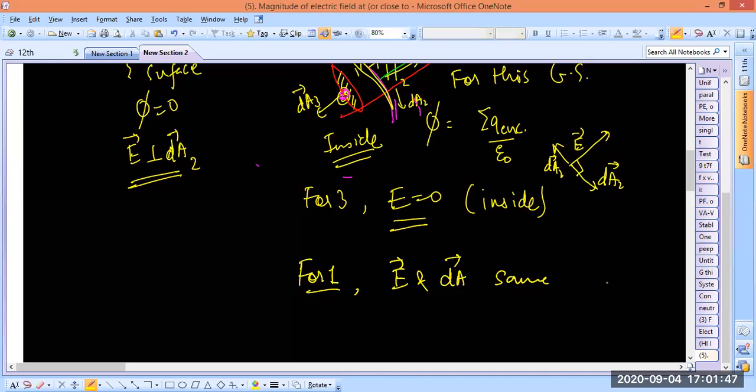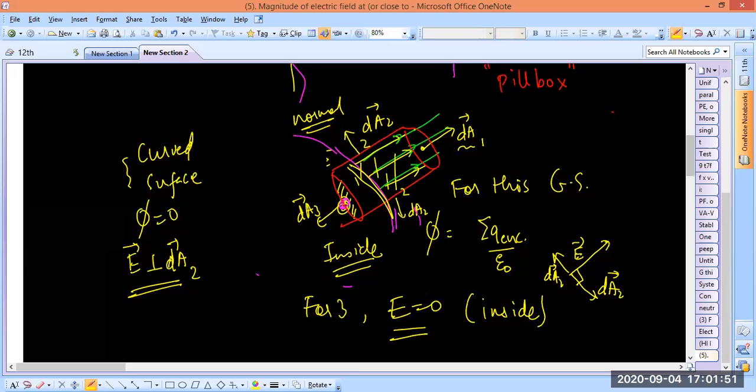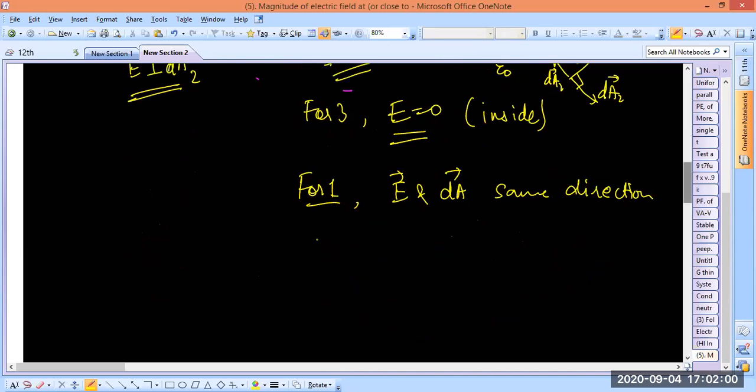I'm sure you can notice that from the diagram, because the electric field is normal and this area vector is also normal. So the flux is going to be E into dA cos 0, and flux is equal to charge enclosed by epsilon 0, whatever Gauss law says.